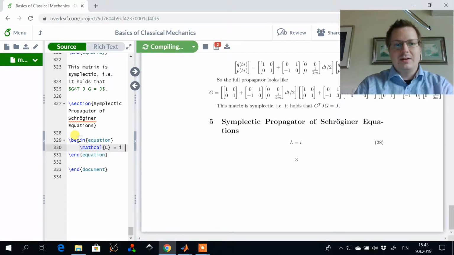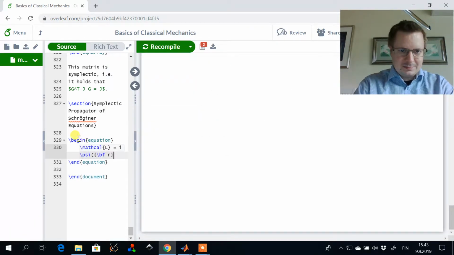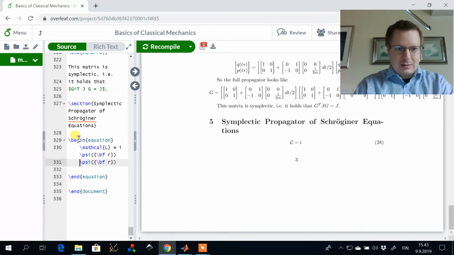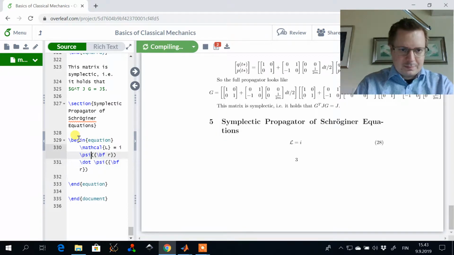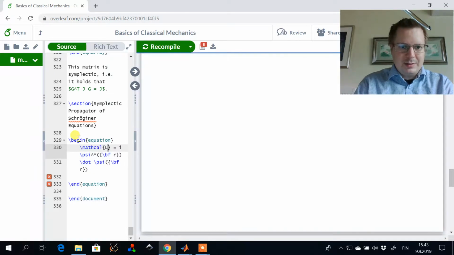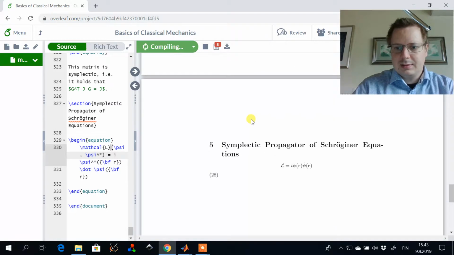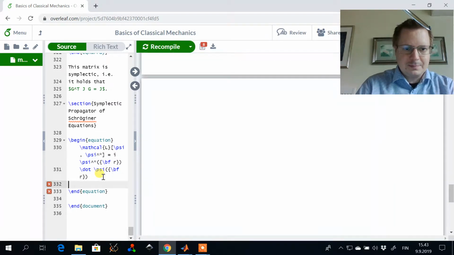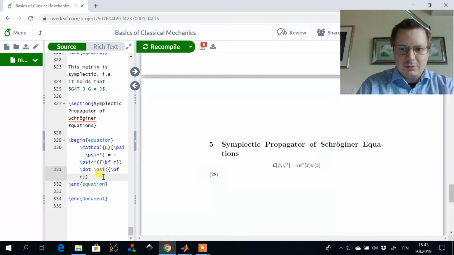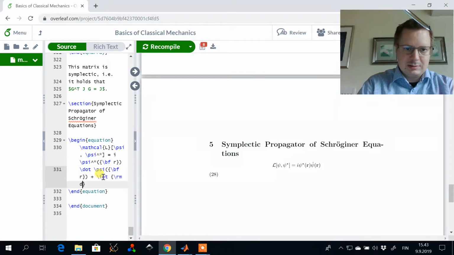So I'm going to define a Lagrangian density, which will depend on psi and psi star, and it will look like this.